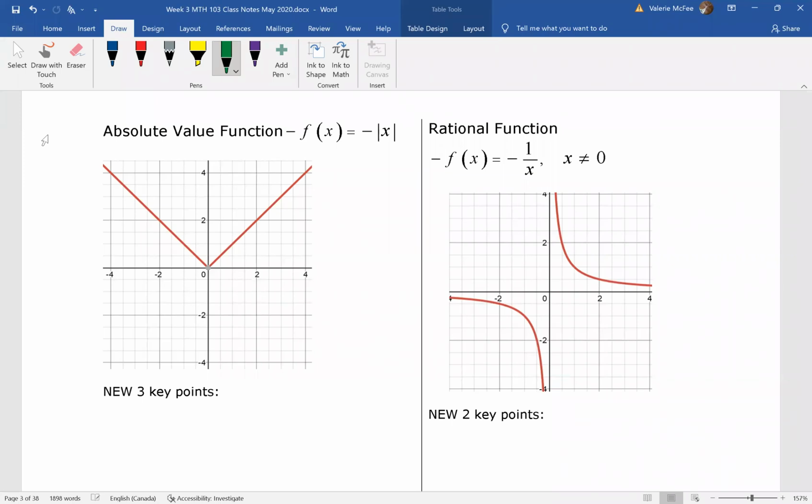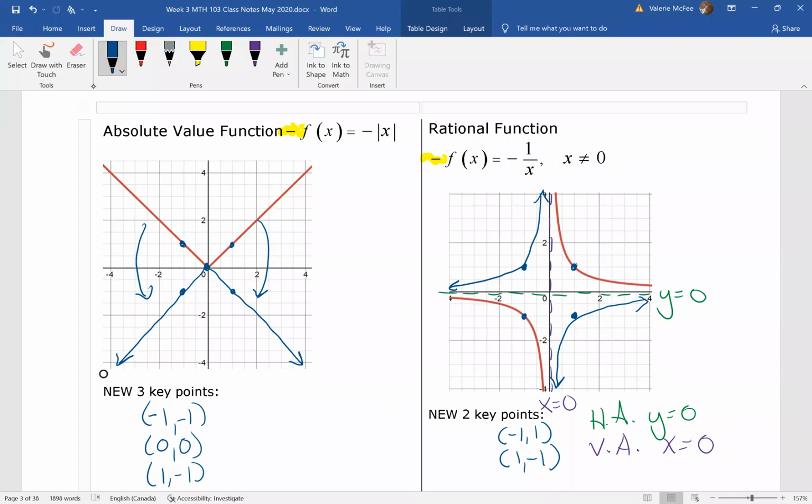So two more functions, our absolute value function and our rational function. Again, we're finding the negative f of x. We're finding the opposite of our y values. Remember that for the rational function, we're only looking at 2 key points. Find these transformations. So again, you have your new key points.